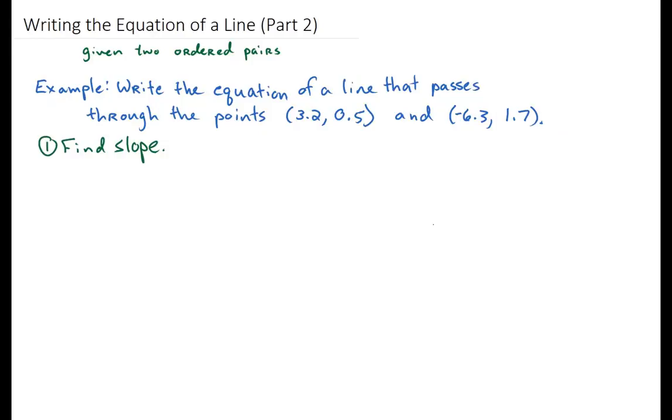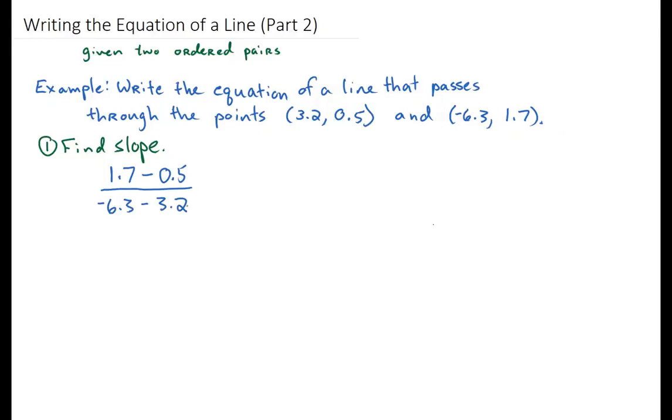And this is where we take and we subtract our y's on top and we subtract our x's on bottom. Subtracting the y's on top would be, and it doesn't matter which one goes first, a lot of people like to put the second one first out of habit, but we would do 1.7 minus 0.5, and then putting the x's on bottom, we'd do -6.3 minus 3.2.